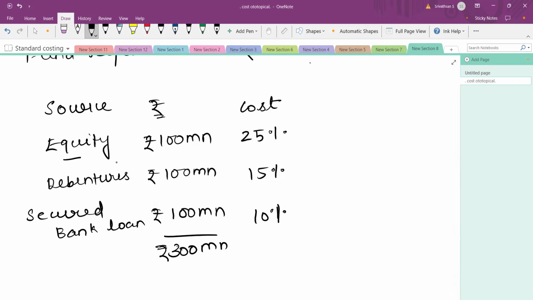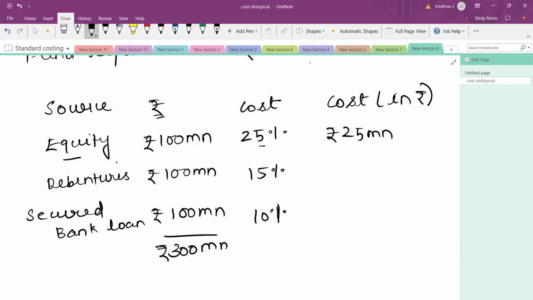So now we have the cost in terms of percentage. Now let's put it in terms of rupees. So costs in terms of rupees. Equity shareholders invested 100 million, upon which they are expecting 25% return. So what is 25% of 100 million? We get rupees 25 million. This is the expectation of the equity shareholders.